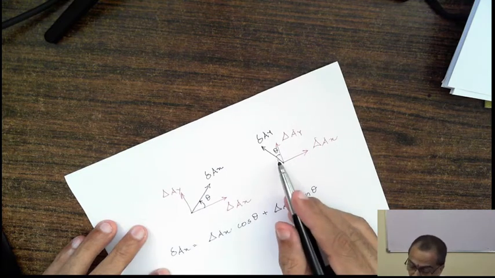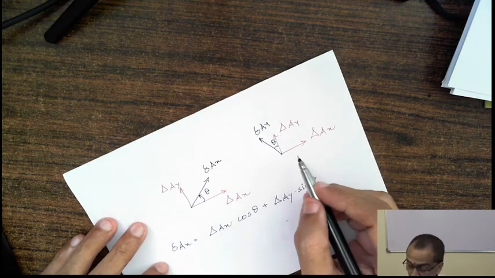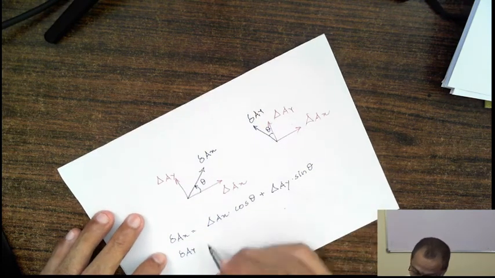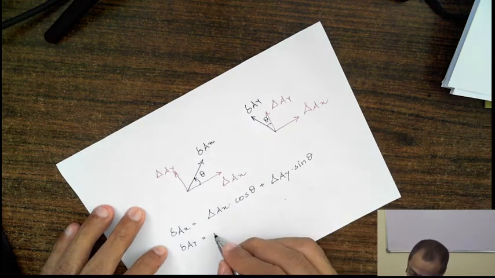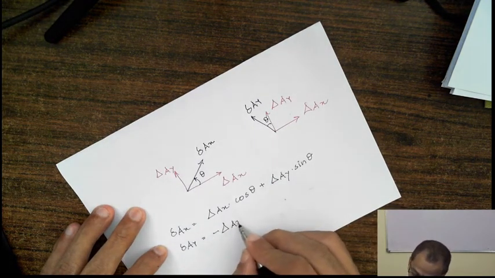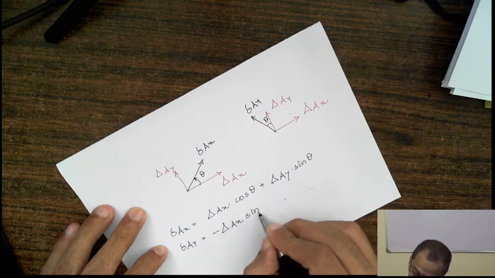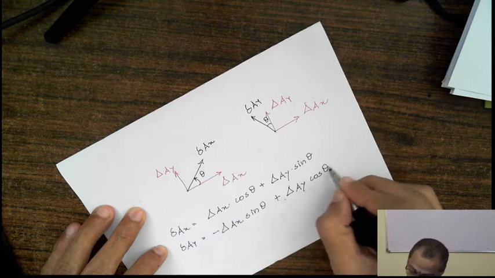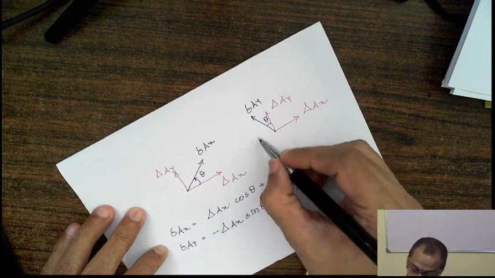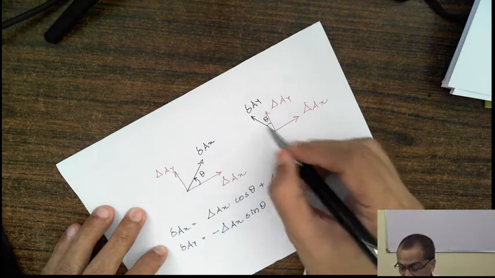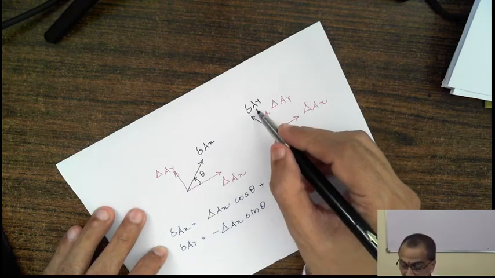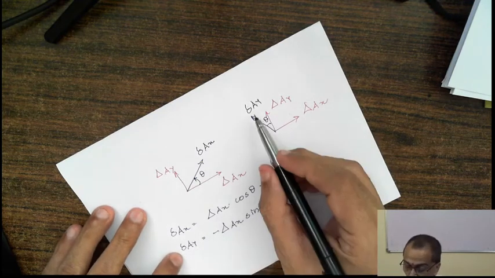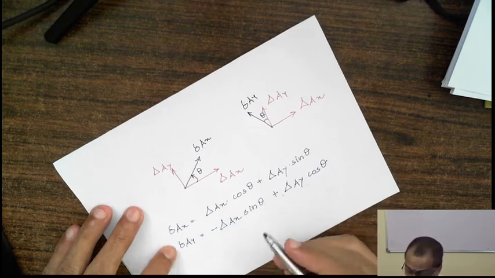Then from this diagram, by using simple principles of mechanics, del AY is equal to minus delta AX sin theta plus delta AY cos theta. Everybody agree? Minus delta AX sin theta, because it is negative, and delta AY cos theta, those two will constitute this del AY. So this is the local displacement expressed in terms of global displacement.